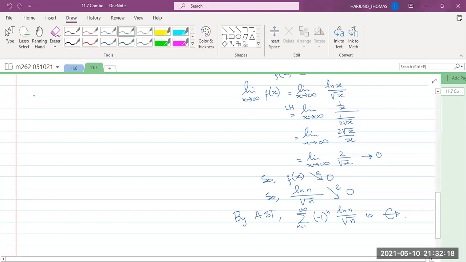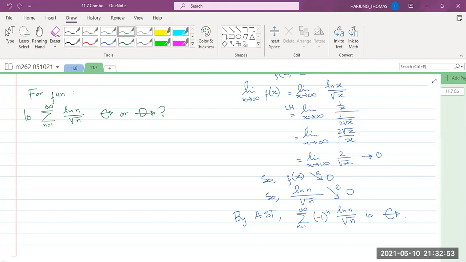Just for fun, a follow-up for fun maybe: can you tell right away if this series is convergent or divergent? Why? That's true, it's divergent, but why?